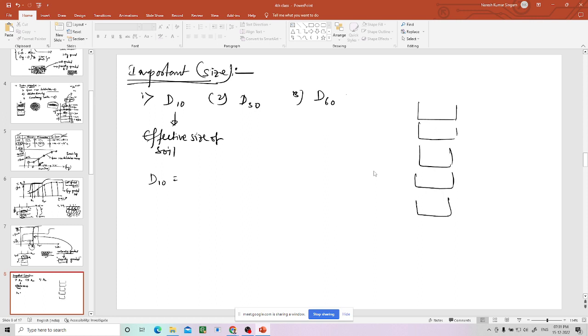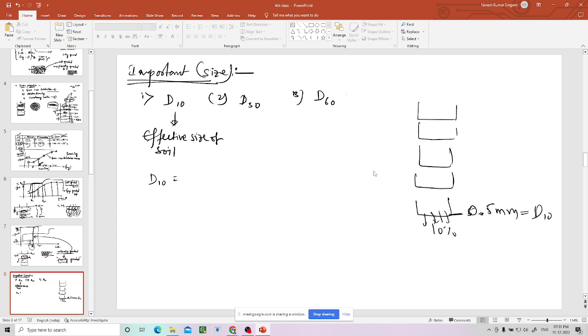The sieve size below which there is only 10 percent of the soil. Suppose this size is 0.05 mm. Below this, out of total soil, only 10 percent is left. 10 percent of the soil is finer than this size. The size is called D10.